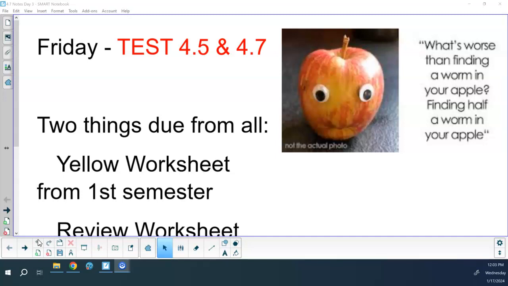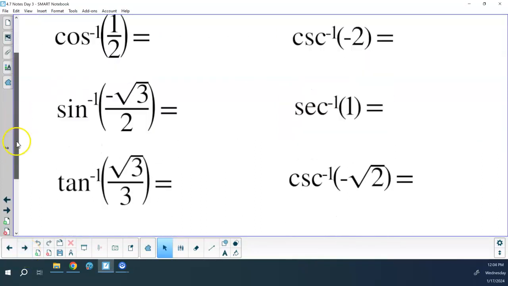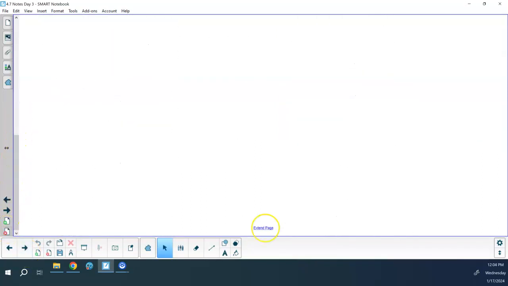Let's do this. Before we get into those, I would first like to start with a quick little review on the inverses.